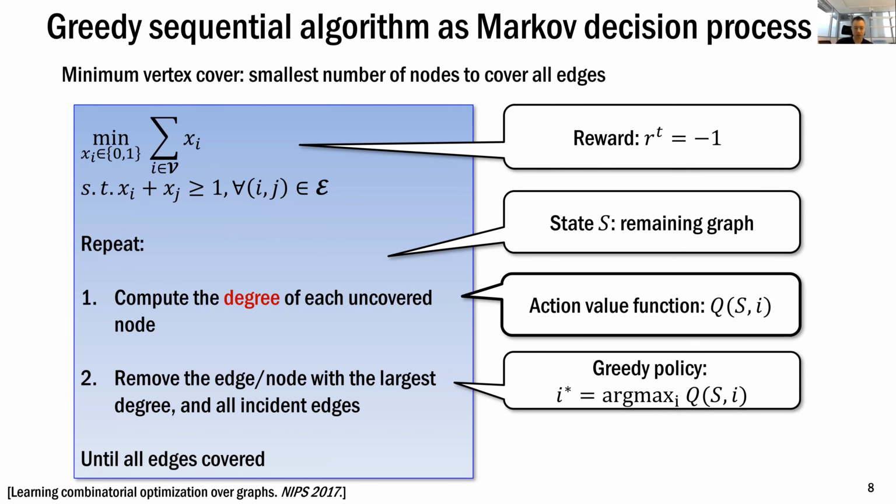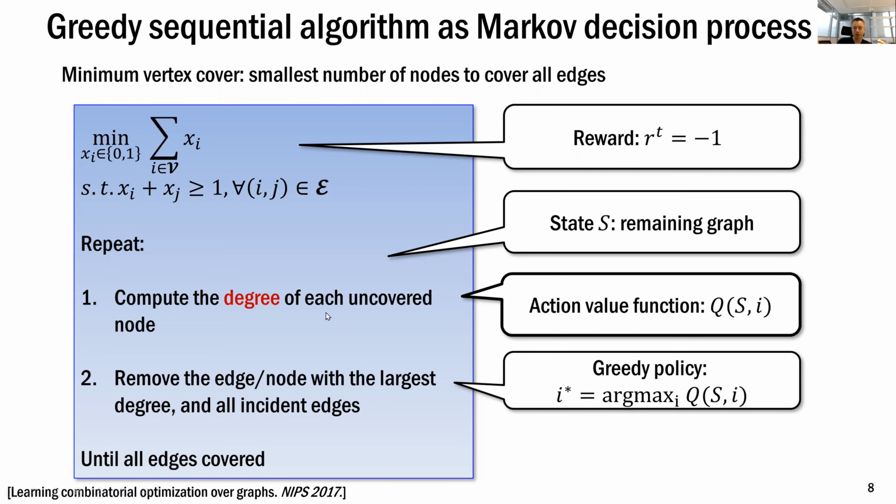Okay, so if you map this optimization problem into this reinforcement learning setting, or Markov decision process setting, then it becomes a little bit natural to think about: what if I replace this action value function by something more expressive, by a learned function?